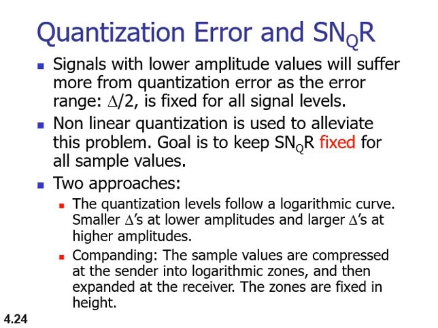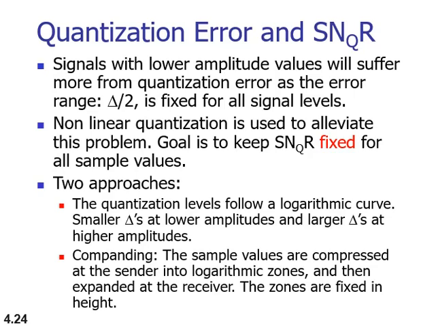Now the goal is to keep signal to noise ratio fixed for all sample values so that there is uniformity. That can be done using two approaches. First, the quantization levels follow a logarithmic curve, that is nothing but smaller deltas at lower amplitude and larger deltas at higher amplitude.